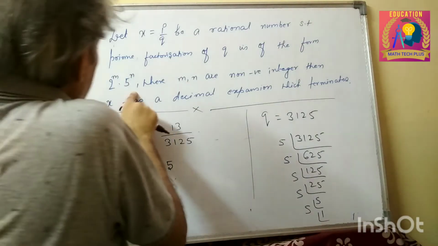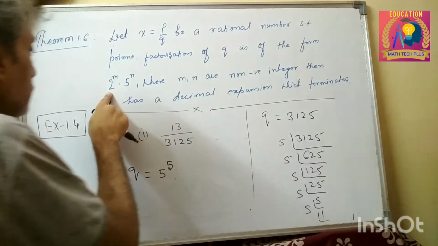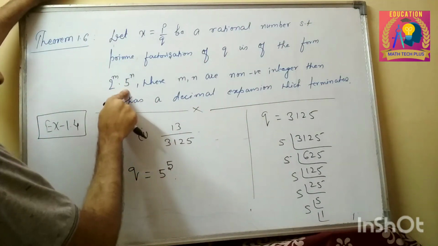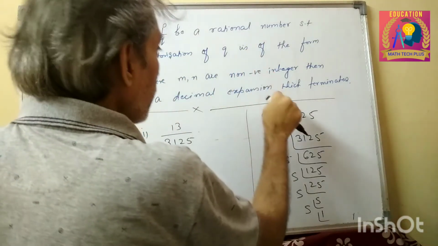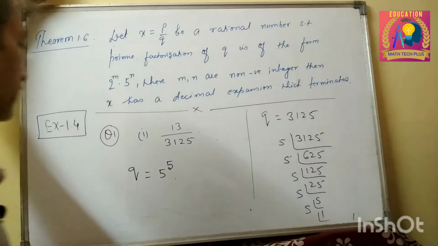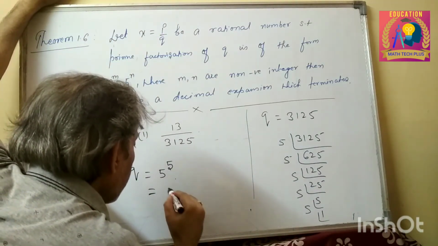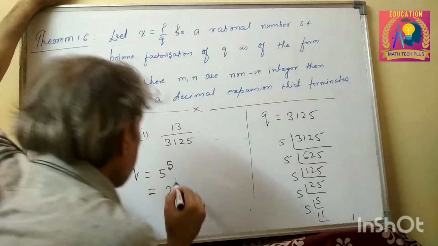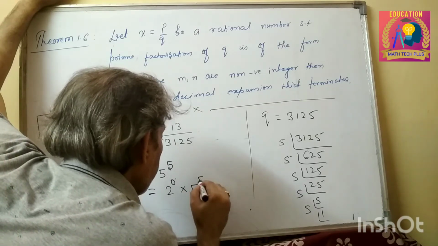So here it is. What this theorem says, if q is of the form 2 raised to the power m and 5 raised to the power n, where m and n are non-negative integers, non-negative means कि 0, we can include 0 as a non-negative integer. तो कुछ लोगों को कन्फ्यूजन होगा कि 2 तो यहाँ पे है नहीं, so we can write it like this: 2 raised to the power 0 into 5 raised to the power 5.